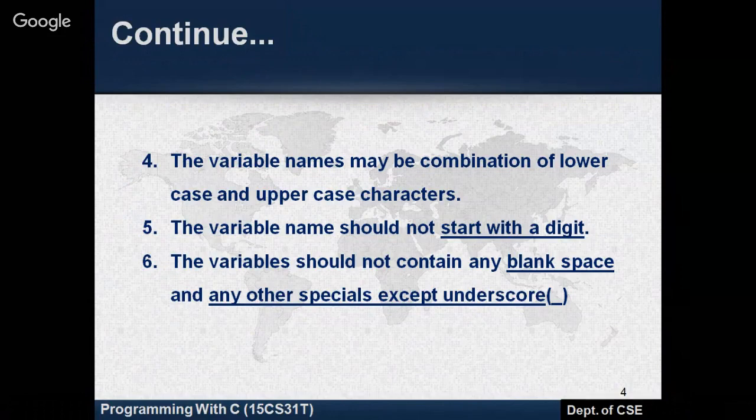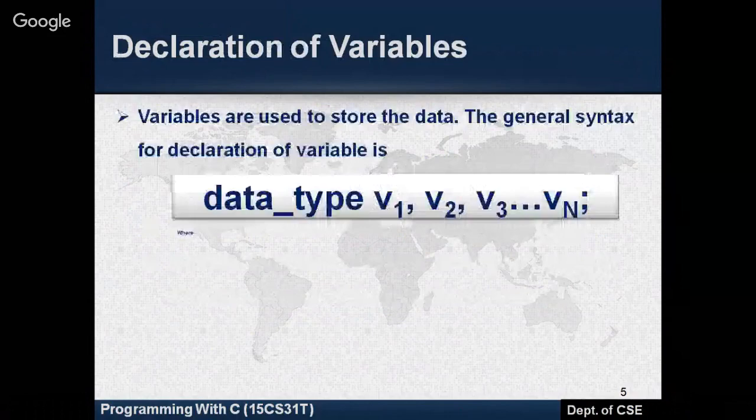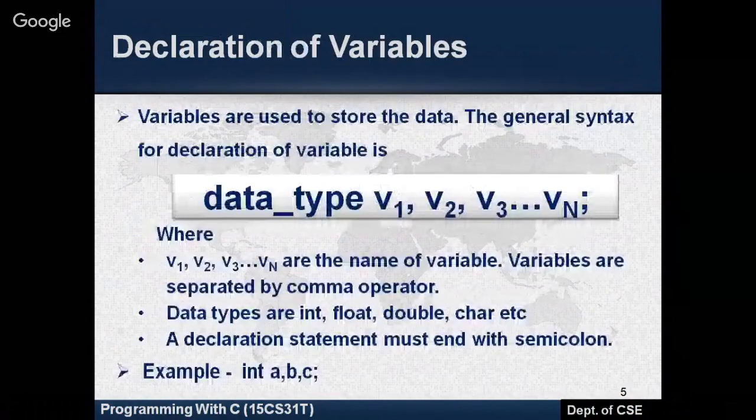The user cannot use any symbols or blank space except the underscore symbol. So this is all about variables. Declaration and initialization of variables we'll discuss after explaining the concept of data types.